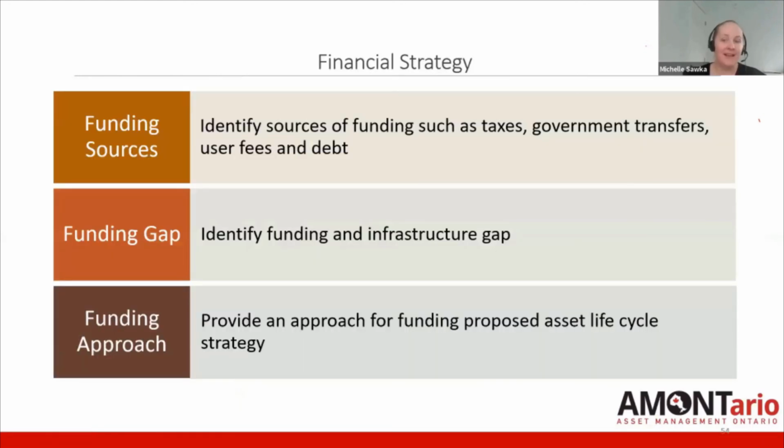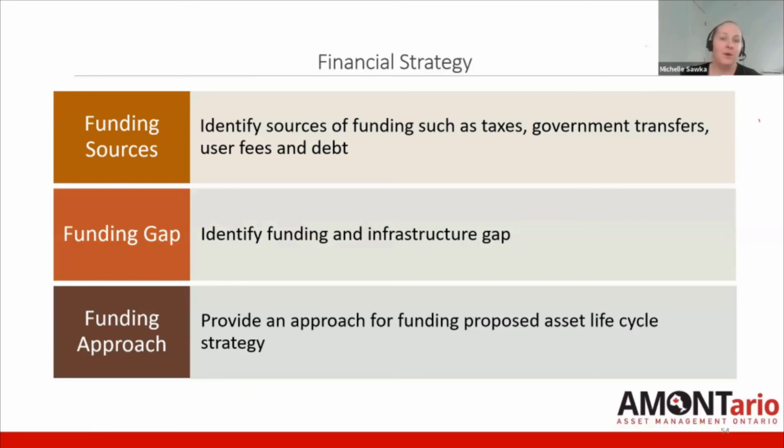Okay, so the last stage, the financial strategy. An asset management financial strategy outlines the suggested approach to funding the lifecycle management plan as outlined in the previous stage. So here you identify your funding sources available from different types of management activities.